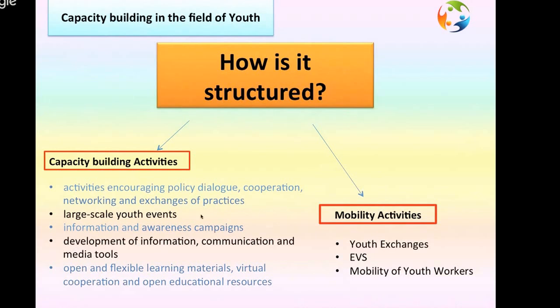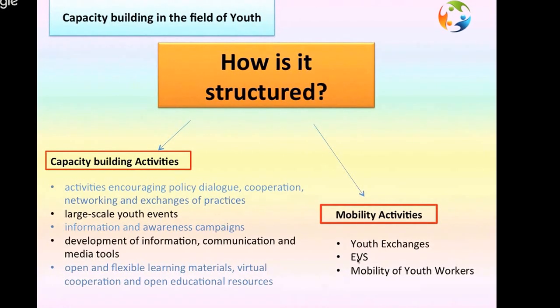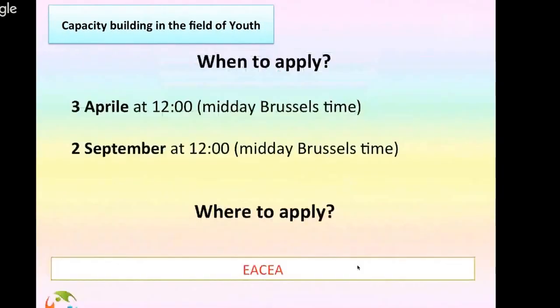This is to build capacity in the place where you're going to organize your project. And the second part of the action is related to mobility activities. Here we have our usual activities: youth exchanges, EVS, mobility of youth workers.